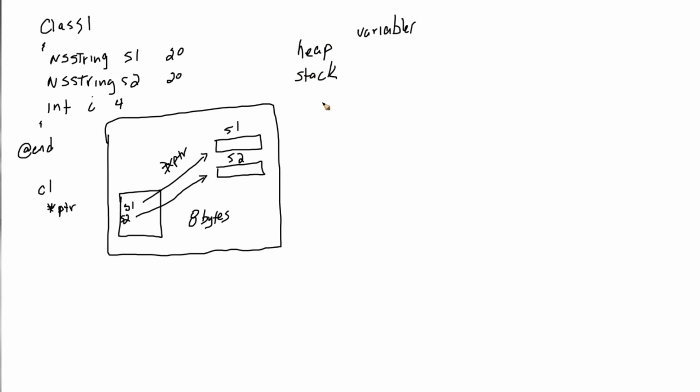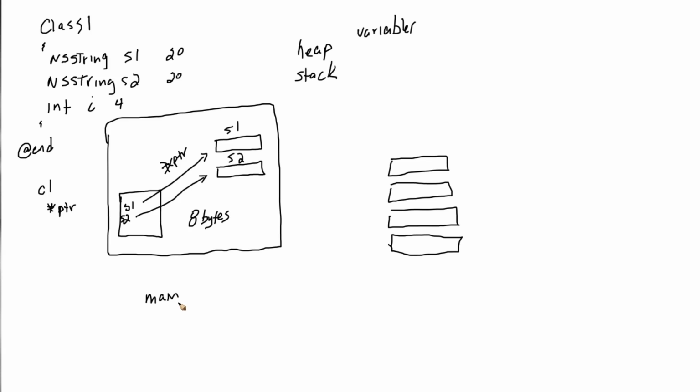Now, the stack is a completely different thing. You can think of the stack as a stack of functions. Let's say that we have this big stack of memory, and it literally is a stack. Let's say that when this program runs, it calls a function called main. The system comes in and sticks main in the stack. Then main turns around and calls function 1.